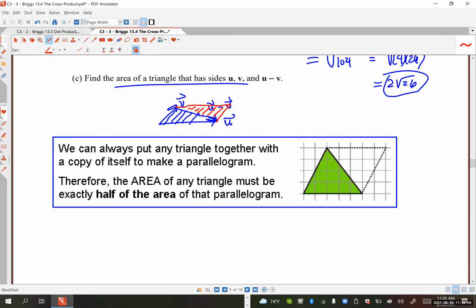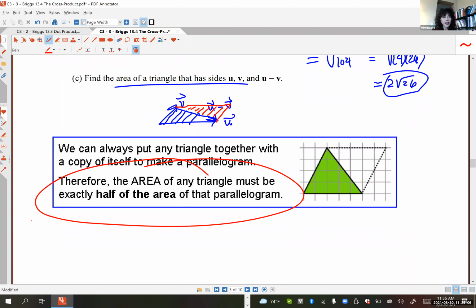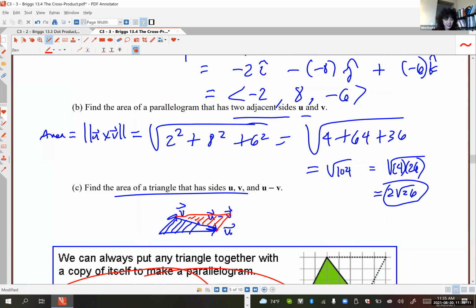So anytime you're asked for the area of a triangle with side lengths U and V, you just take half of the area of the parallelogram with side lengths U and V.